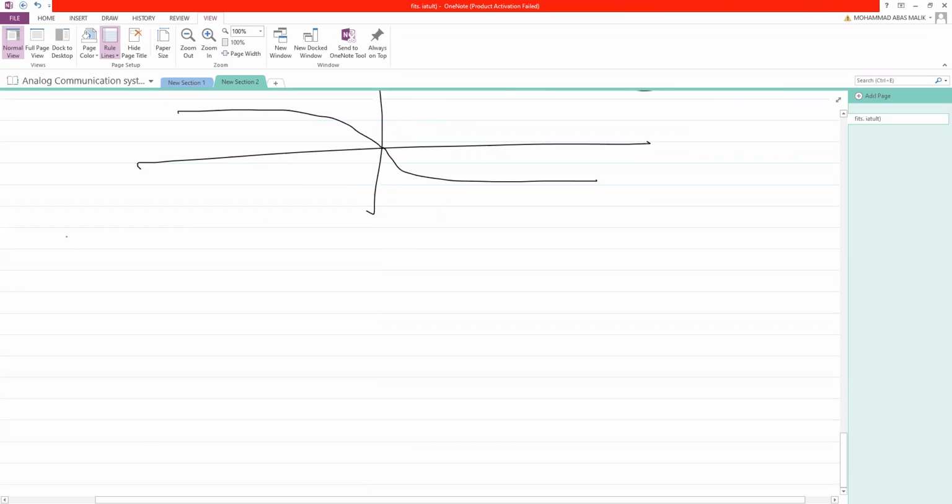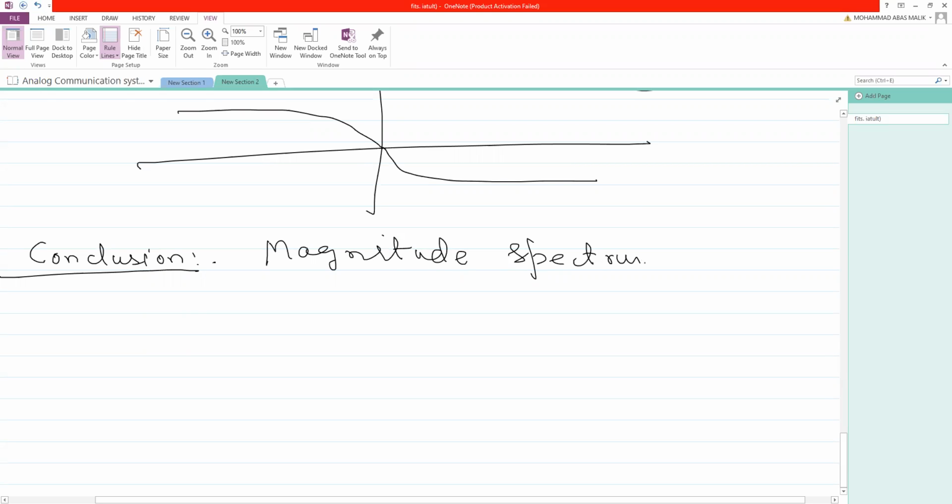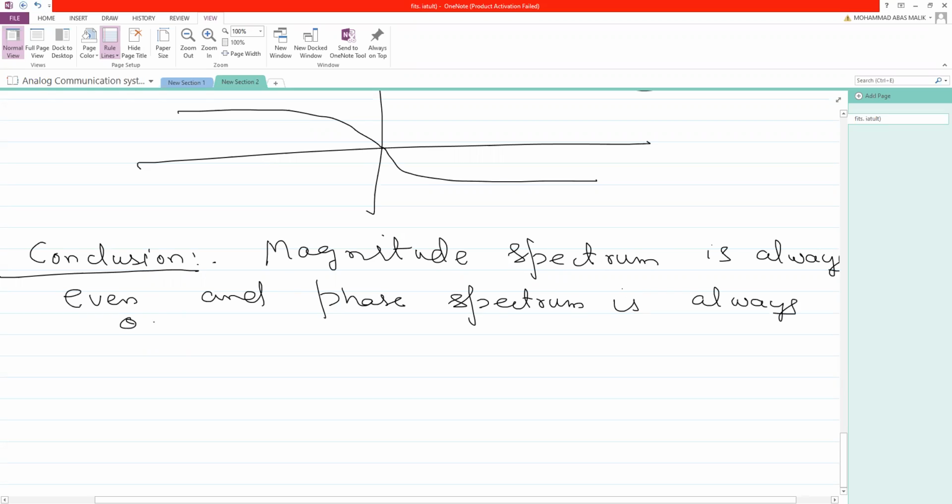So, important conclusion. Please note down: magnitude spectrum is always even, and phase spectrum is always odd, whenever f of t, that means the time domain signal, is a real valued signal.